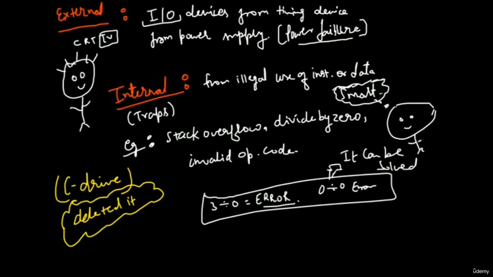Okay, so let's begin with the final interrupt, which is our software interrupt. How do software interrupts actually come about? Can you guess, my dear friend, why the software interrupt comes?